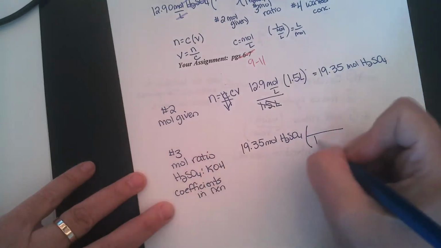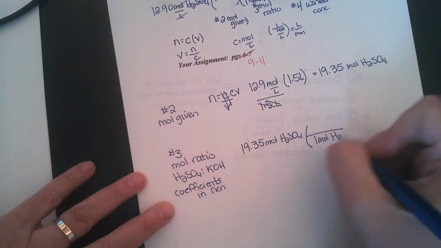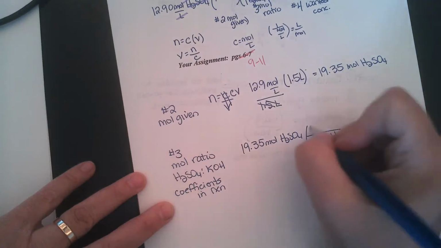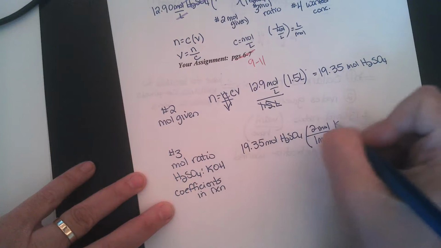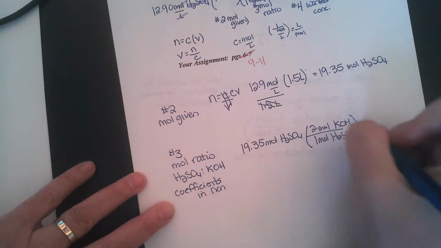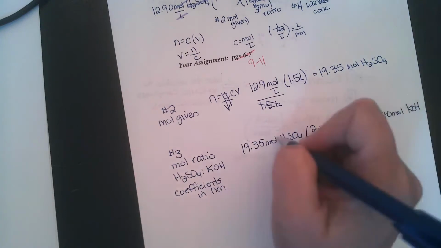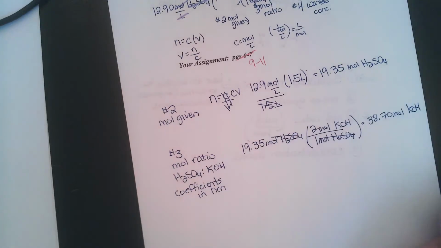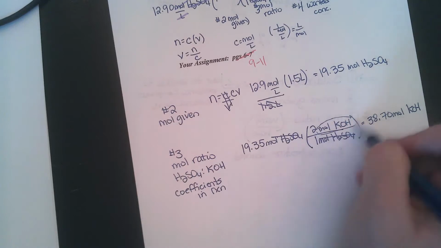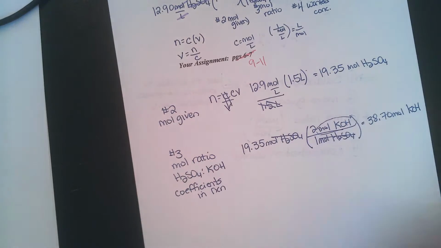So I have 1 mole of H2SO4 and I have 2 moles of KOH, which is going to leave me with a value of 38.7 moles of KOH, right? Because this moles of H2SO4 and that moles cancel out, and I'm left with moles of KOH.